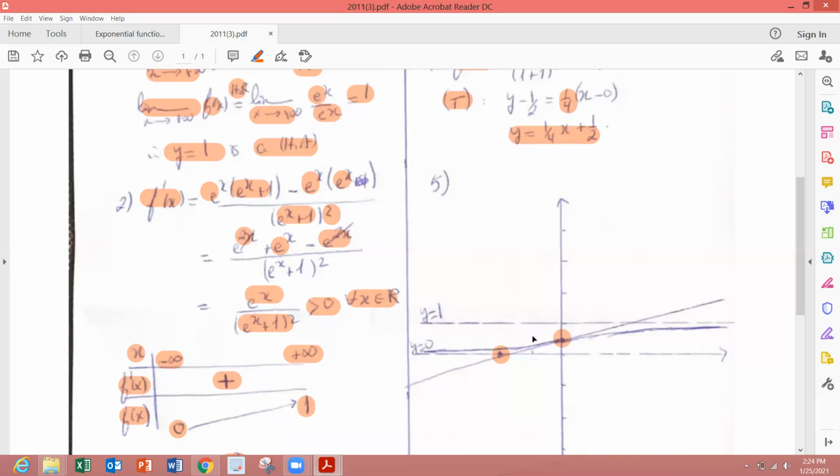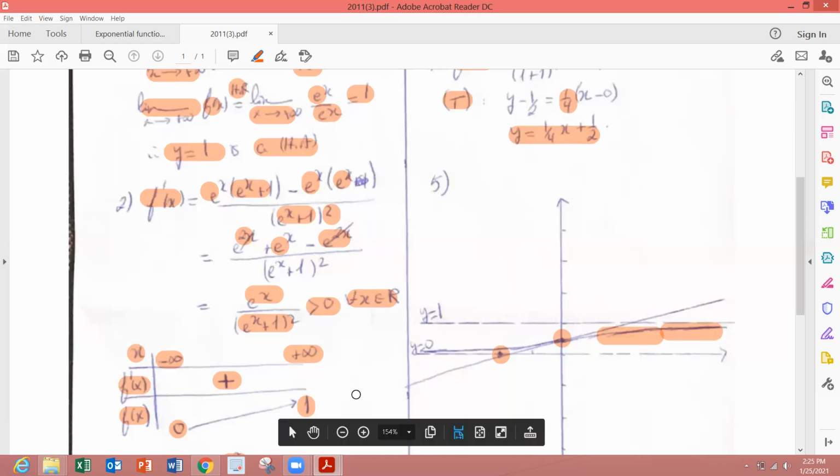The curve is tangent from above, then it comes back and is tangent from below at this point. Then it goes near the horizontal asymptote. We get this part.